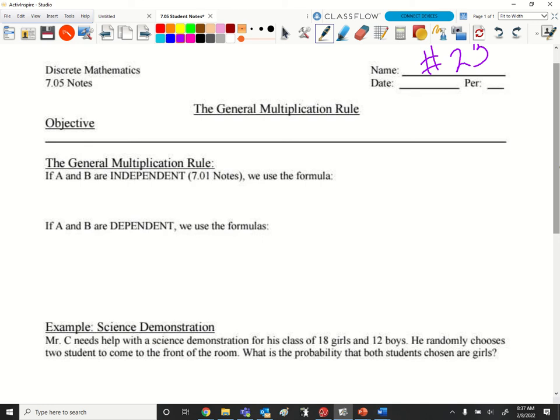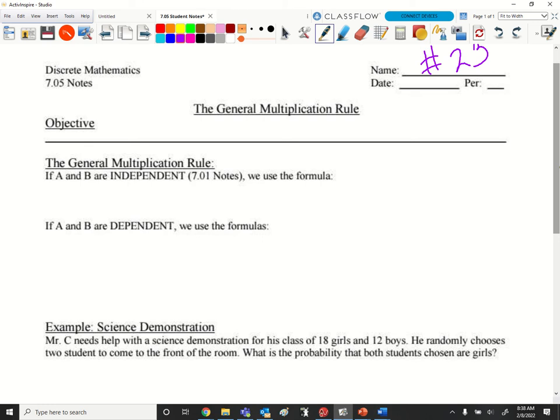What was the probability of me picking Fred? 1 out of 20, right? Okay, there's 1 out of 20. That's the probability. Now, I'm going to pick another student, but Fred stays here. So I'm going to pick, who should I pick?